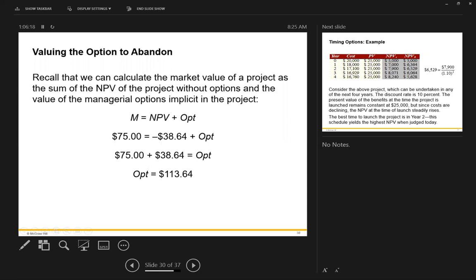Remember that 75 is the net present value plus that option. So we just want to determine, well, how much was that option worth? 113.64 in terms of present value. That contributes to the market price.